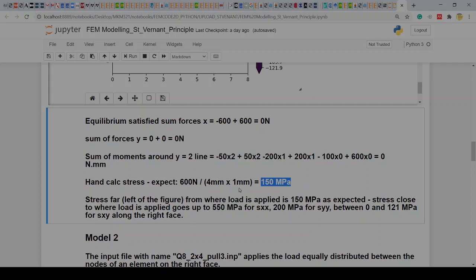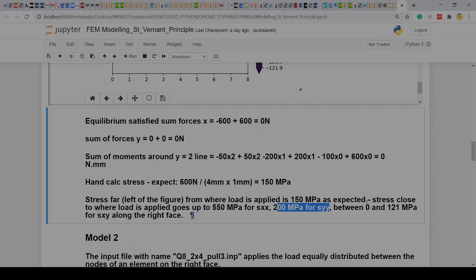And now if you look at quantifying what you saw visually, I've just written it down here for you so one can look at that. Stress close to where we applied the load is, I think, 550 MPa for sigma xx, the stress in the x direction, 200 MPa for the shear, and between 0 and 101 for the shear, and around 200 for the y direction stress, sigma yy.